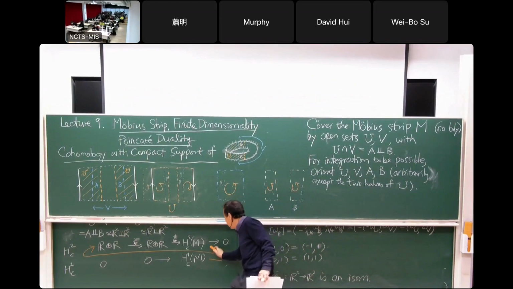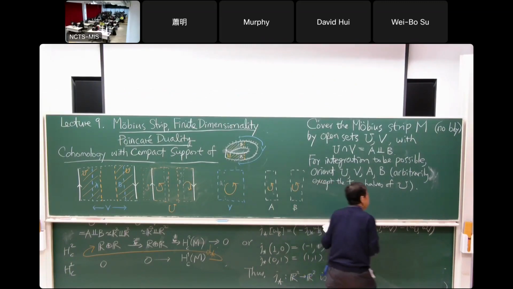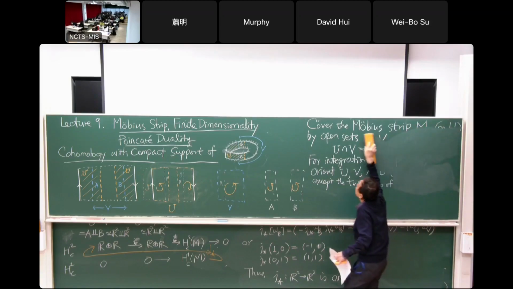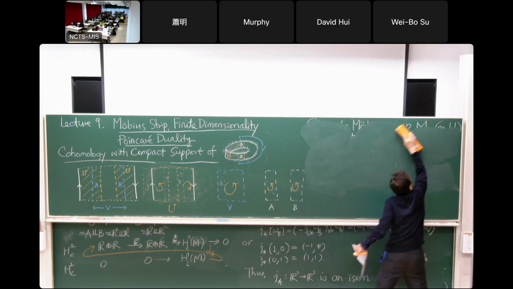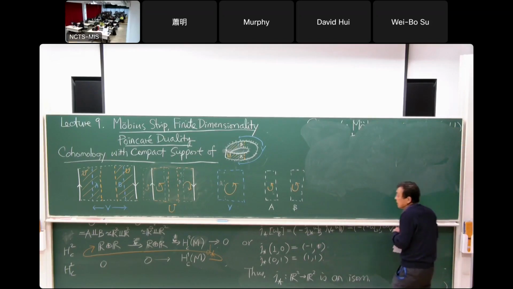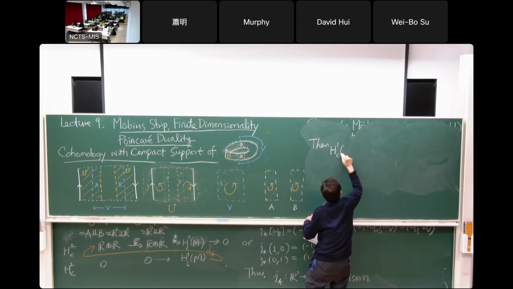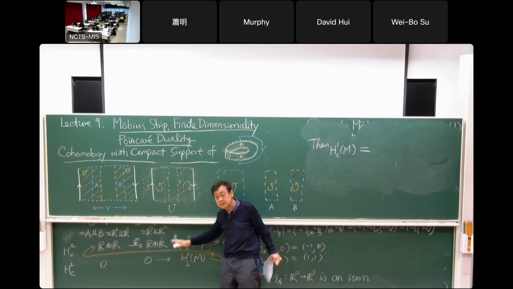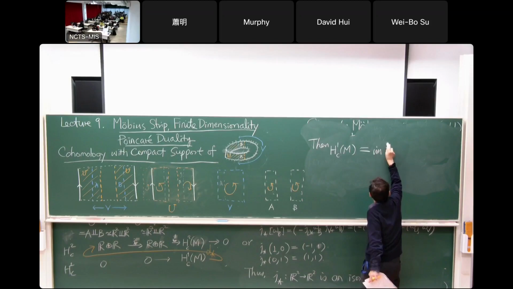So let's call this map D star. Because D star is an injection, H1C of M is the same as the image of D star.